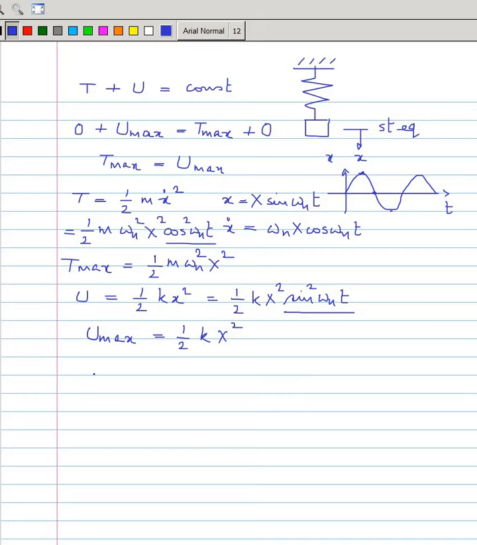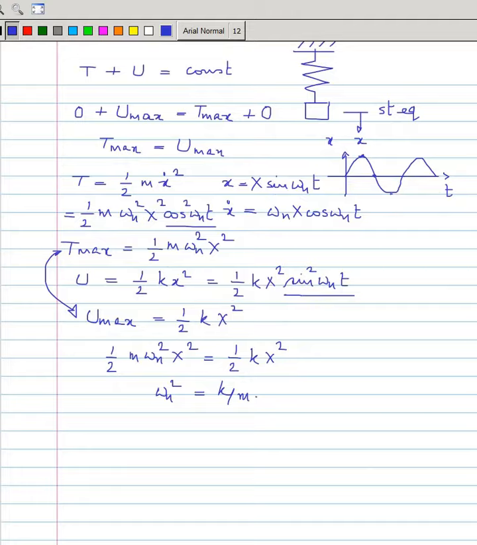Now if you equate Umax to Tmax, then half m omega n square x square is equal to half k x square, or omega n square equals k by m, and from here you can get the natural frequency.